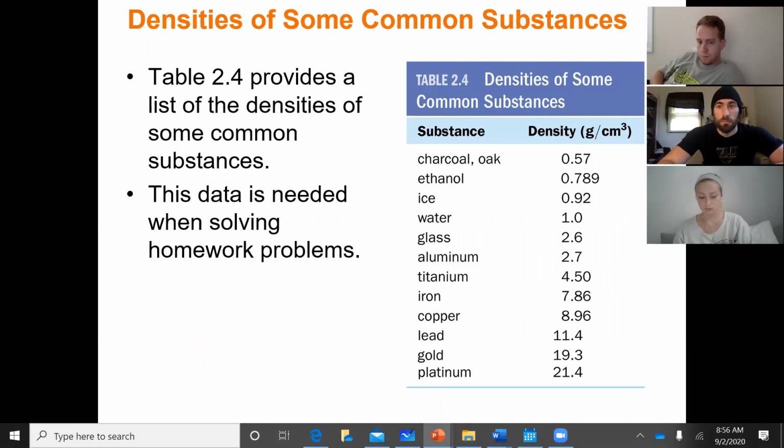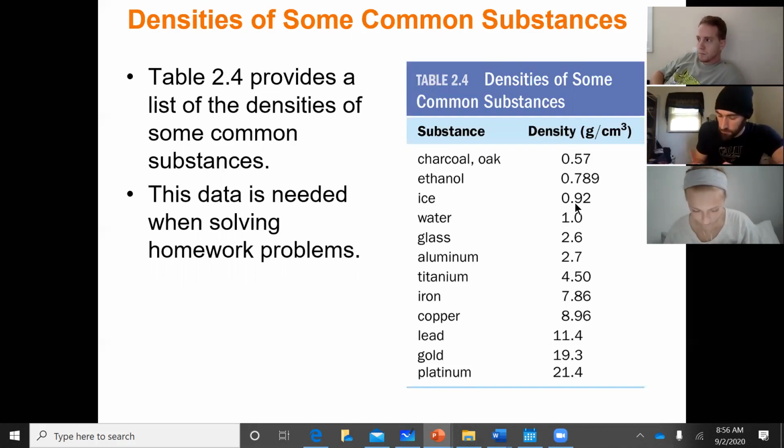Here's a table of some common substances and their densities. So water in general tends to be our starting point or our reference point for a lot of these things. 1 gram per centimeter cubed is equal to water. So things are always kind of in reference to either being more or less dense than water.